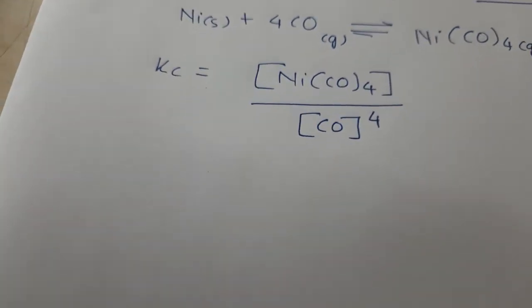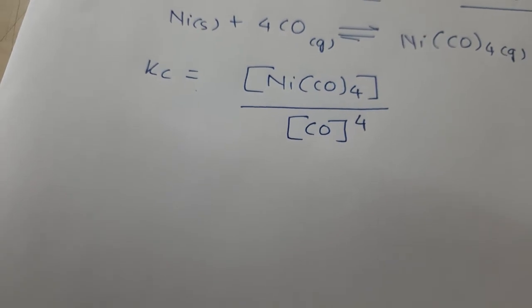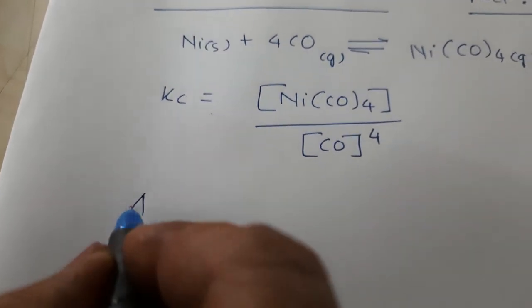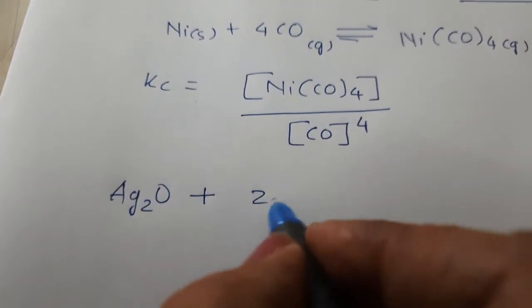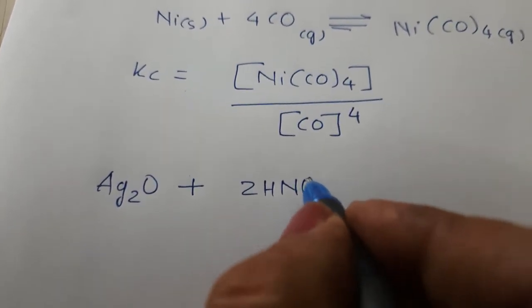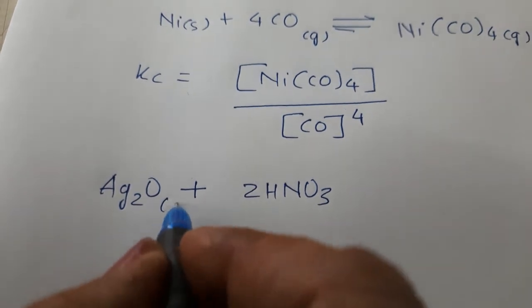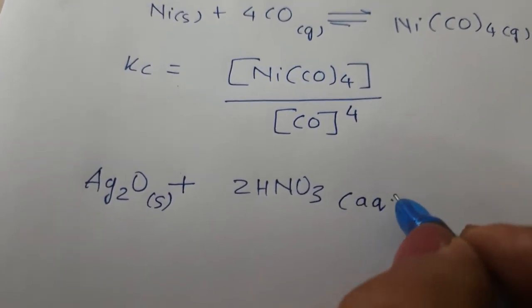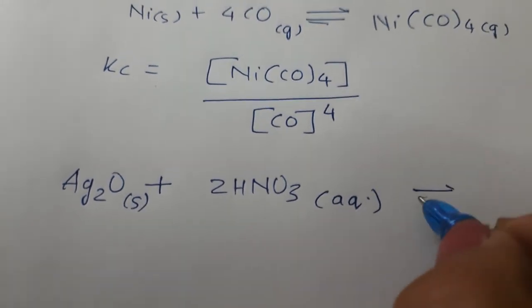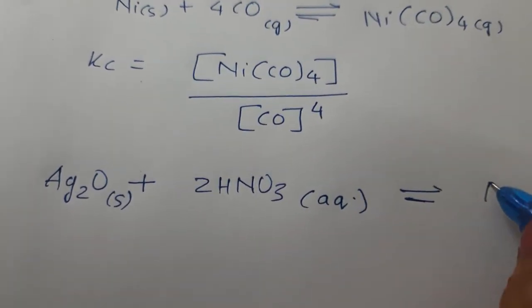Now we will see one reaction, that is Ag2O plus HNO3. Ag2O is in the solid state, silver oxide. HNO3 is aqueous, a liquid, you know it is an acid. Then it will form AgNO3.